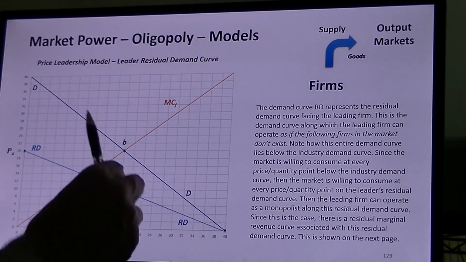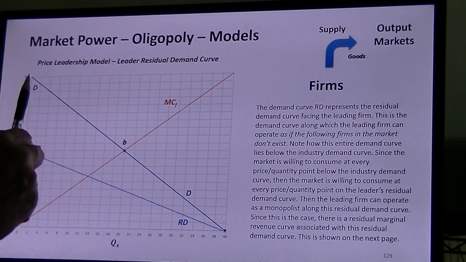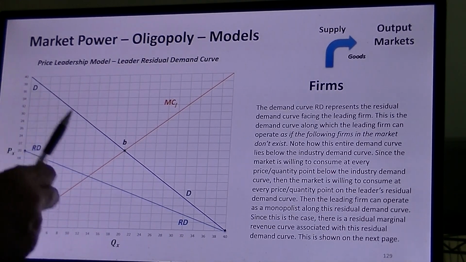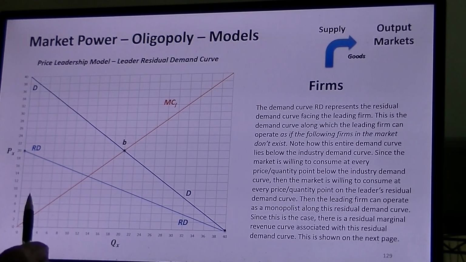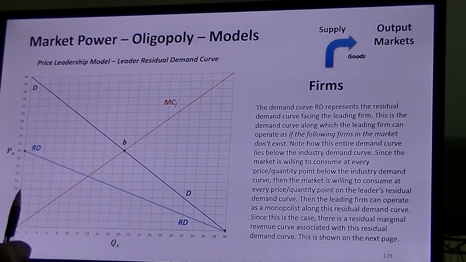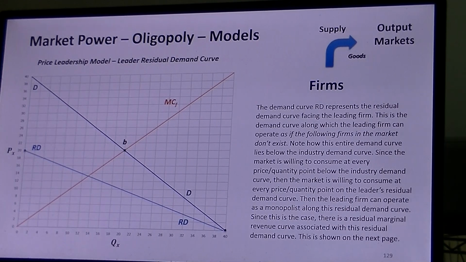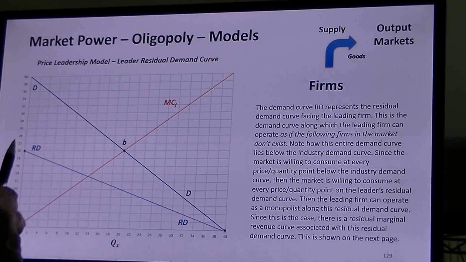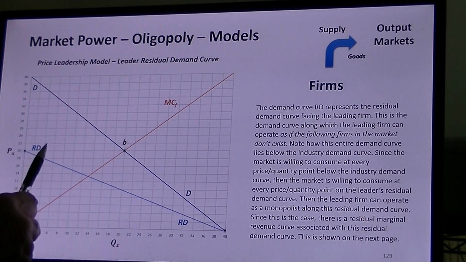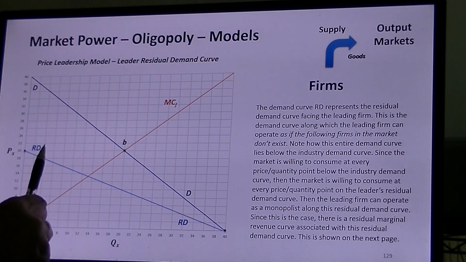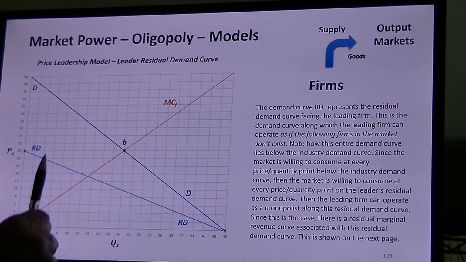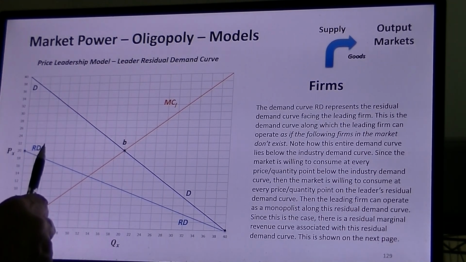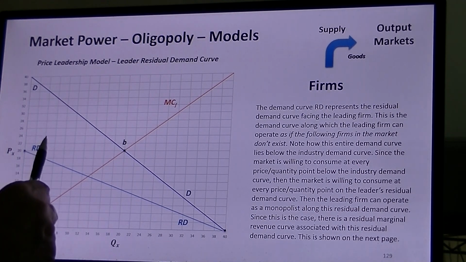Remember an important thing: everything to the left of the demand curve is what the market is willing to consume at any price. So let's say the firm sets a price of 22 and an output of 4. The market is willing to purchase those 4 units at a price of 24.